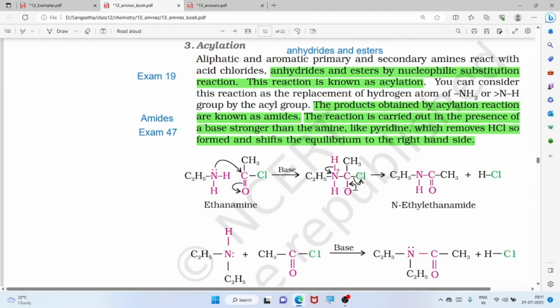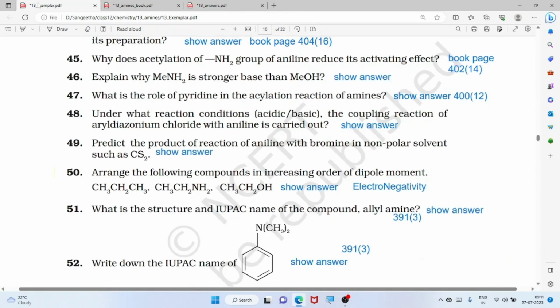Okay, the acylation reaction is carried out in the presence of a base stronger than the amine, the pyridine, which removes the HCl. Okay, pyridine removes HCl.